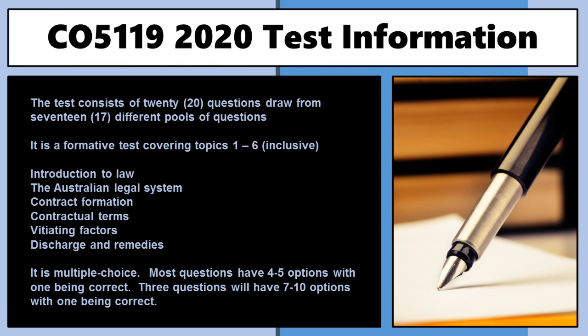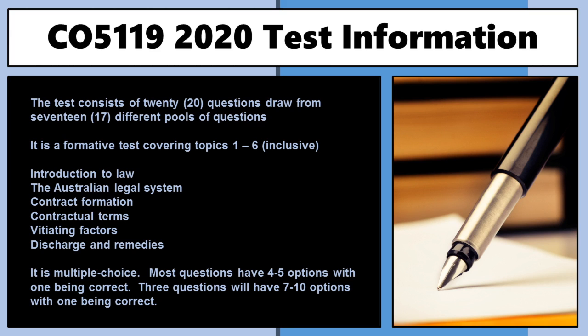So where the answers are structured, for example, there may be 4 or maybe 5 statements of rules or descriptions of a particular rule, and the answer will say something like, A, B, and C are correct, D and E are incorrect, or A and B are correct, C, D, and E are incorrect, or none of them are correct, or all of them are correct, or A and E are correct, B, C, and D are incorrect. It's that style of question and answering that you'll be expected to do as part of this test.